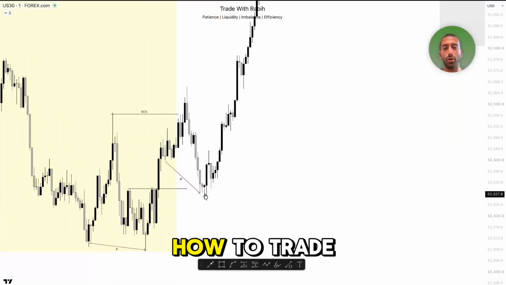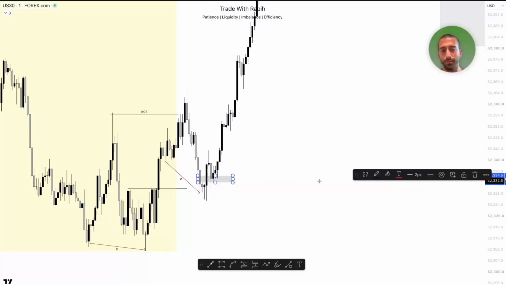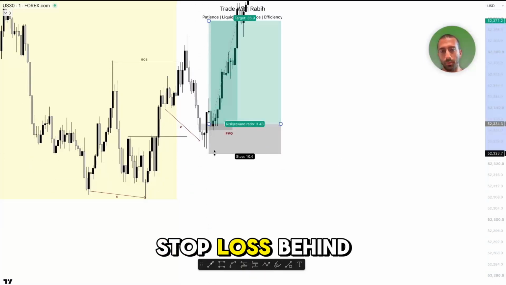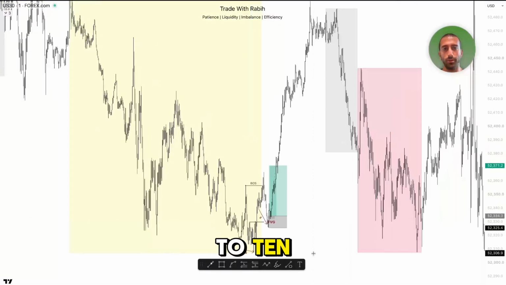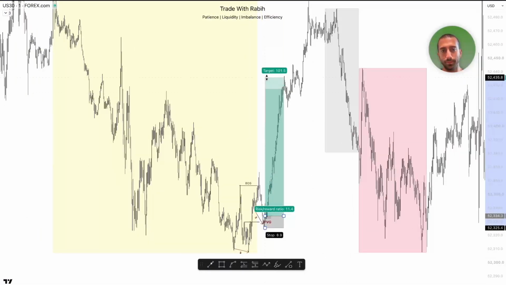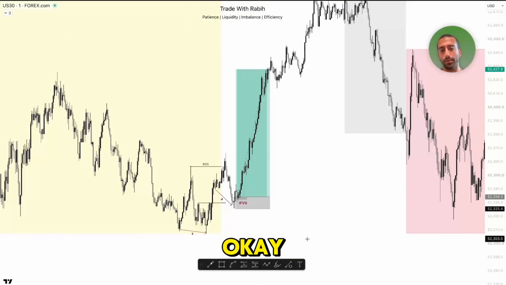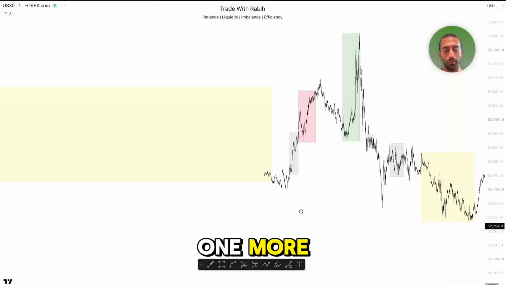And if you still don't know how to trade candle rejections, what do you have here? You have an IFVG. So you take your order from here. Stop loss behind the wick. And target 1 to 10. And look how it plays out, okay? Next. I'll show you one more.